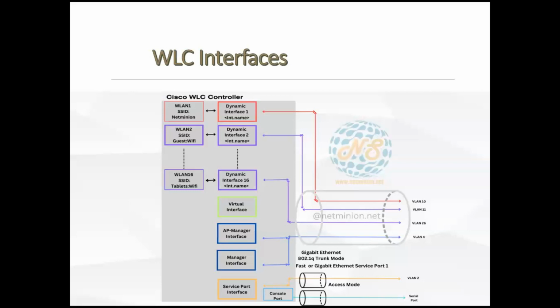Although DHCP configuration on the wireless controller itself is not recommended, if you don't have a separate DHCP server, or you don't have a big client database and you are configuring it on your controller, even that will work.